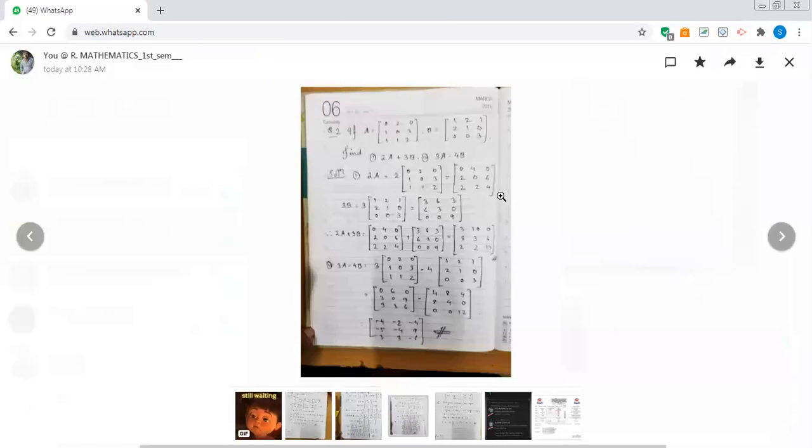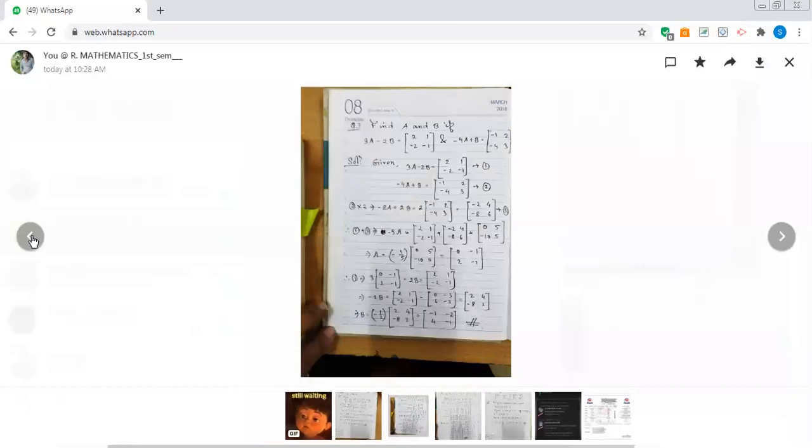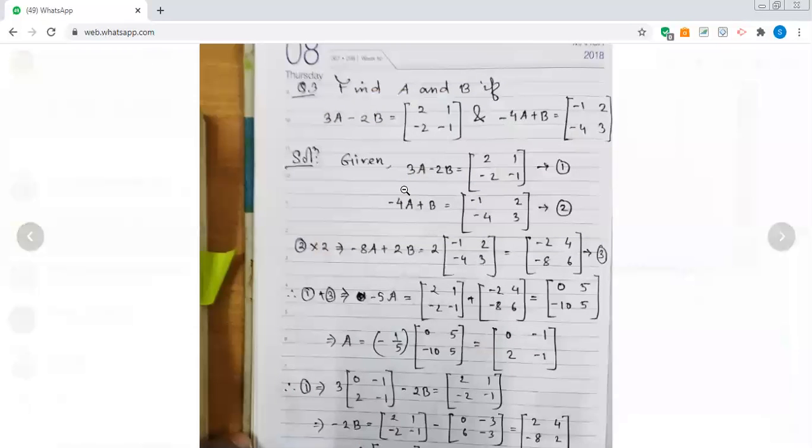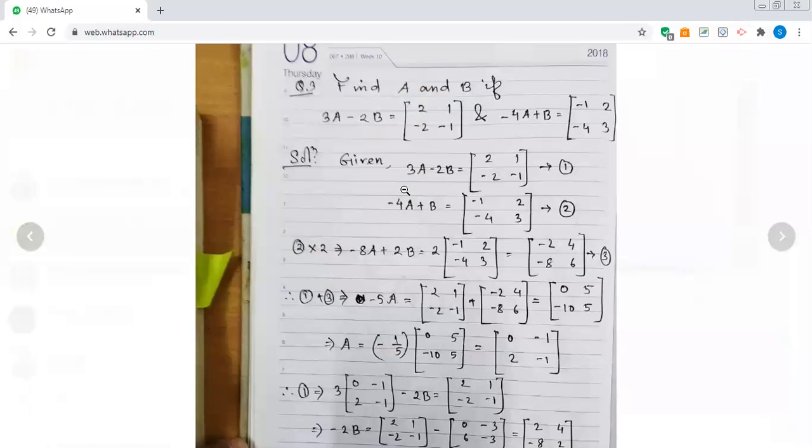Okay. Now go to the next problem. Yeah. See, it's a different one, but still a problem for addition, subtraction and multiplication. Now, what is given here?